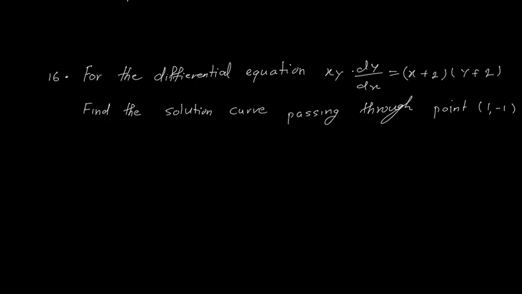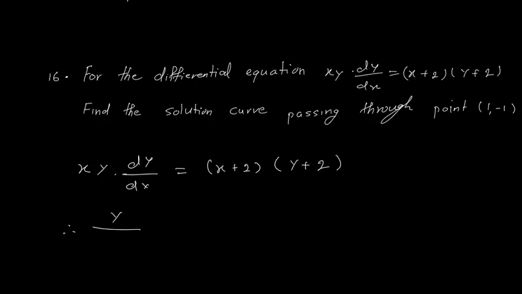So our differential equation is xy dy/dx is equal to (x + 2) into (y + 2). So therefore y upon y + 2 into dy is equal to (x + 2) upon x into dx.